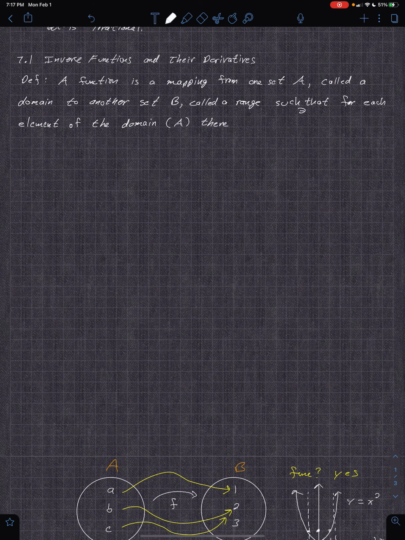That's the key. There corresponds exactly one element of the range B. I'm sure you've seen that before, should have at least a number of times.